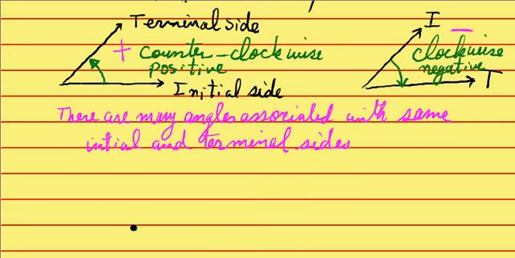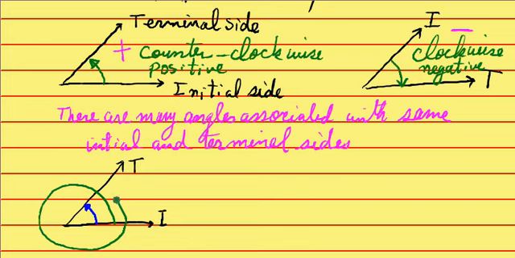Well, if you go ahead and draw the same angle that we had over here, this being the initial and this being the terminal side, I could start from this point and travel in that direction. I could also start from the same point, go around, come back, make one whole round, and then travel through the angle again. And of course, I could do this 3 times and 4 times, as many times as I want.